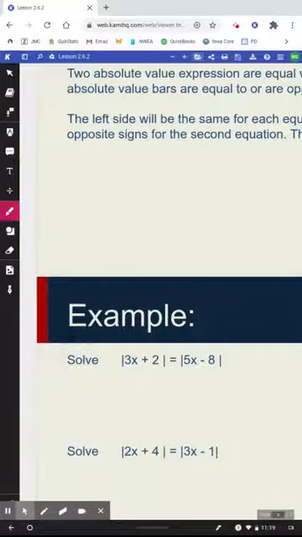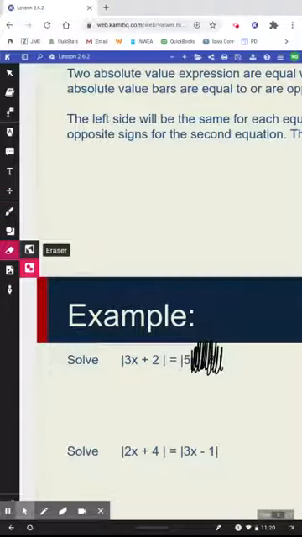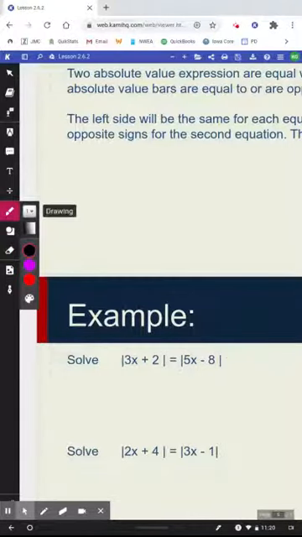So for our first example here, we have absolute value of 3x plus 2 equals the absolute value of 5x minus 8. So before, if we would have just had it equal to 5, we would have set it up as 3x plus 2 equals 5 and 3x plus 2 equals -5. However, now we have more than one thing inside of here.